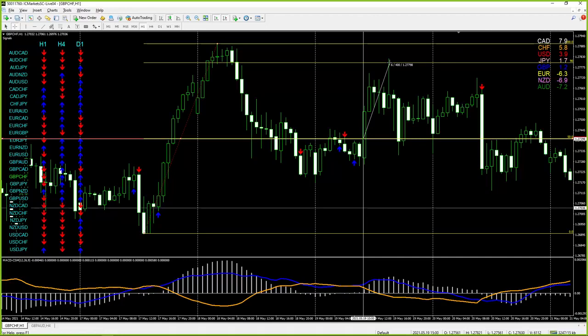So if this is 40, 50% of 40 is 20 pips, so at least save 20 pips. It depends how much the price moves. If it's more than 100, at least 30 pips difference. If it's just around 50 pips, at least 20 pips difference. I hope I answered your question, Spasmir.